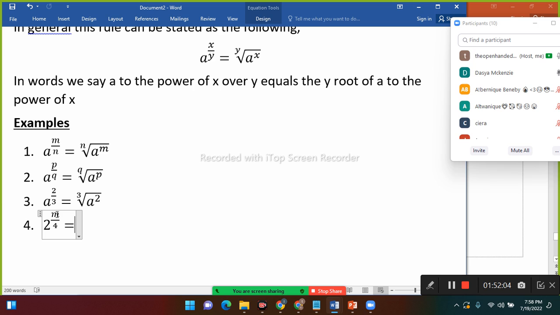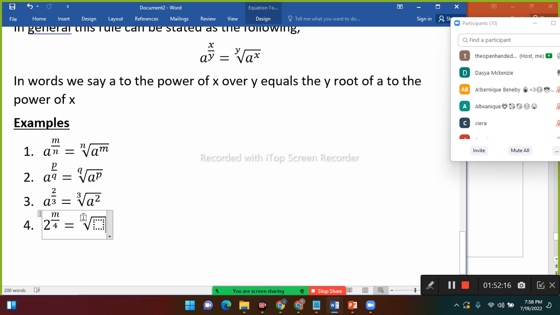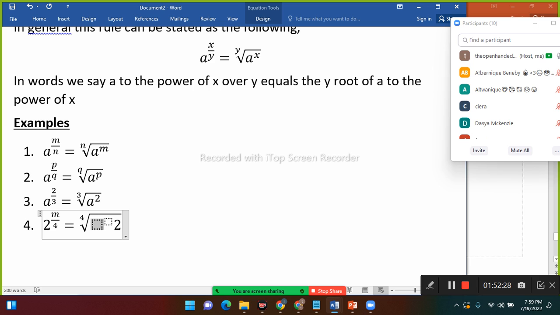Is that M or N? That's m, sorry. Okay, so the fourth root, it'll be the fourth root of 2 to the m power. Excellent. Very good.